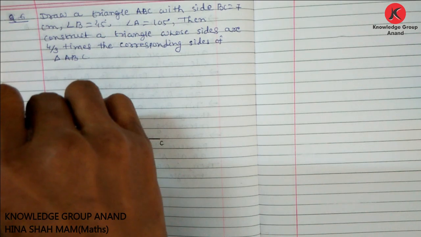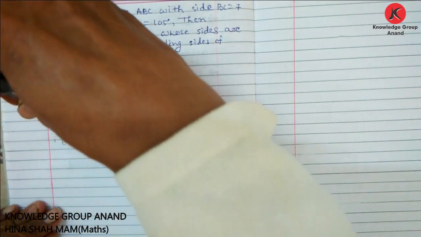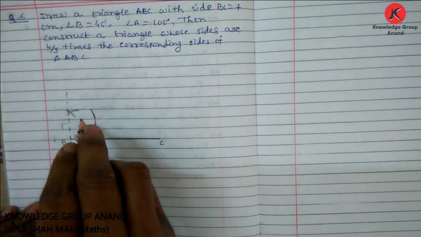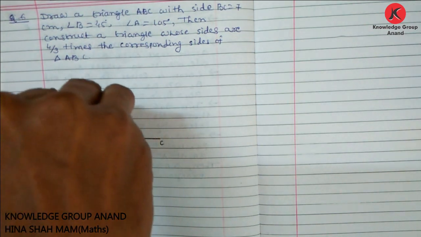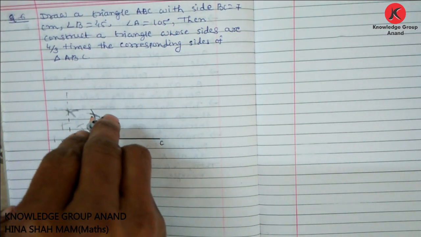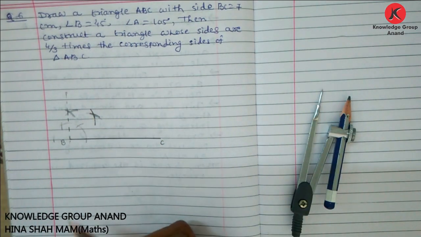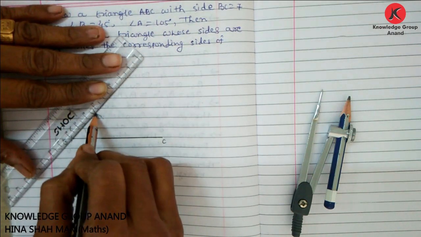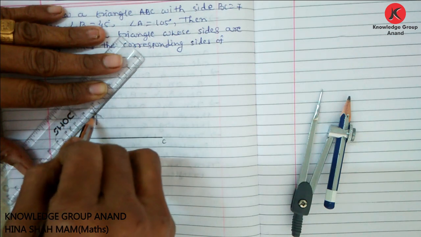Here taking and 0, draw bisector of angle 90. We know the bisector of angle 90 is equals to 45.